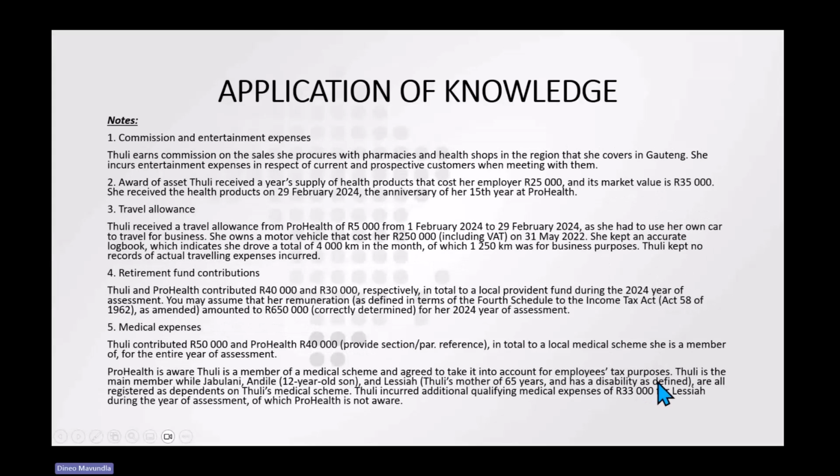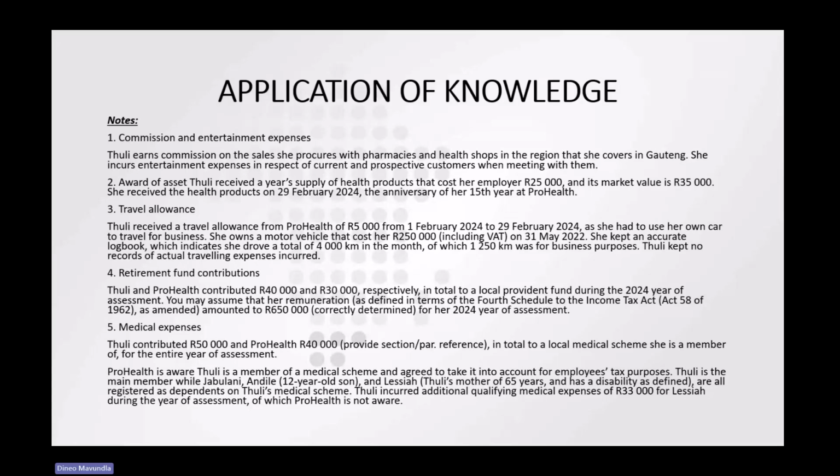In paragraph 5, they say to us, Tuli contributed 50,000 rand and Pro Health 40,000 rand in total to a local medical scheme she is a member of for the entire year of assessment. Pro Health is aware that Tuli is a member of a medical scheme and agreed to take into account for employees' tax purposes.